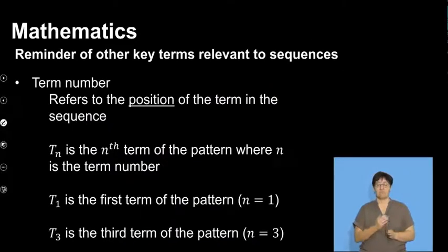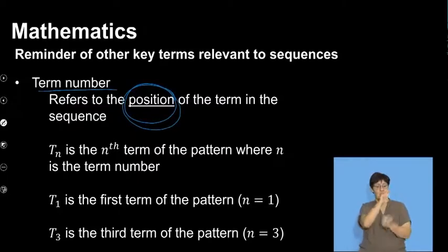Before we look at an example, I'm just going to go over some important definitions that are important for you to have at the back of your minds as we go through this section. Please remember that a term number refers to the position of the term in a sequence. Tn is the nth term of the pattern, where n is the term number.